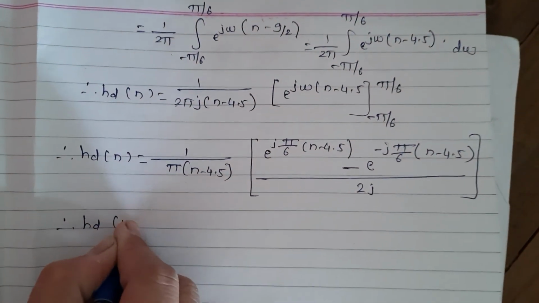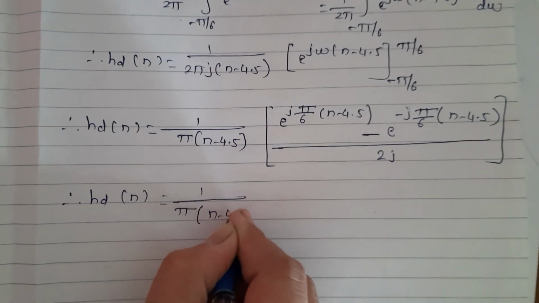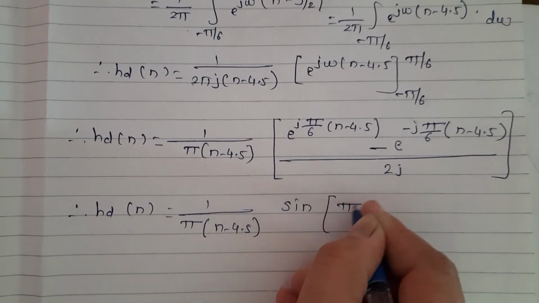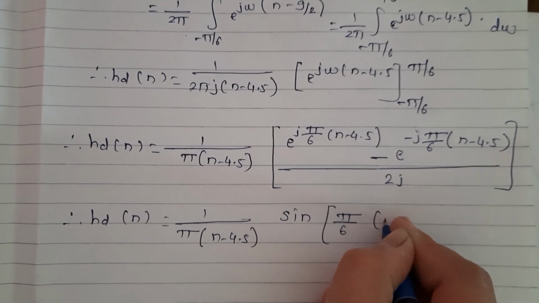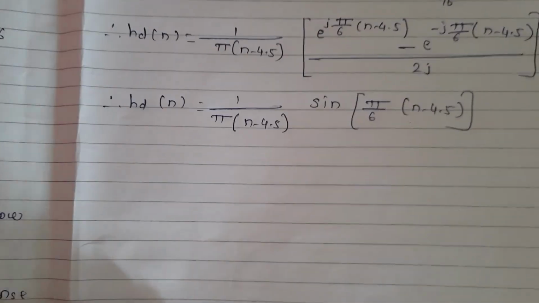It is HD of n is equal to 1 by pi into n minus 4.5, sine of pi by 6 into n minus 4.5. This is the value of HD of n.